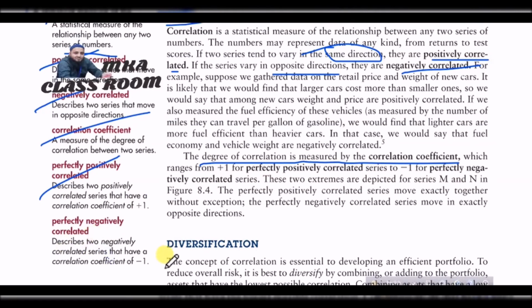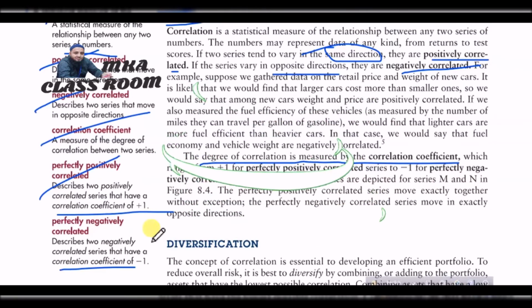If the relationship is negative with a value of 1, then we describe it as perfectly negatively correlated. Two negatively correlated series have a correlation coefficient of -1, and two positively correlated series have a correlation coefficient of +1.